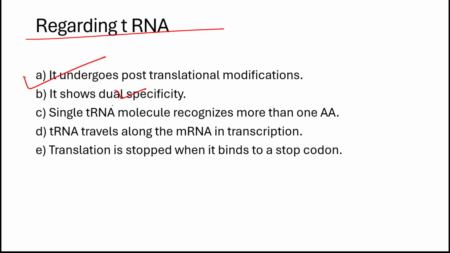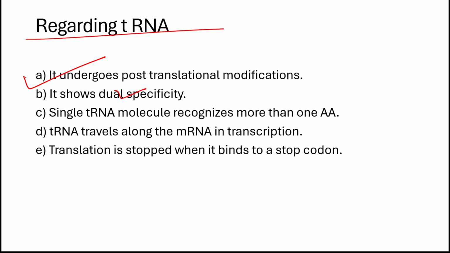Yeah. It shows dual specificity. B relates to dual specificity. How does the dual specificity come into play when it comes to tRNA? It's something like this. The tRNA molecule incorporates both anticodons as well as a specific amino acid transferase enzyme, which brings a specific amino acid into play for the formation of the polypeptide chain that will produce a protein. So the dual specificity is by both of these criteria, one by the amino acid transferase and one by the anticodon.